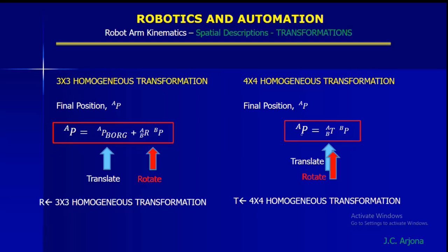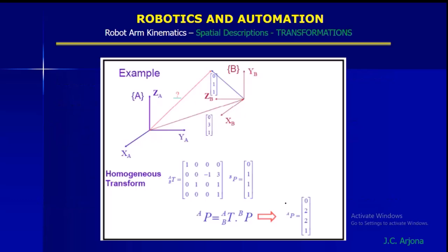This is our 4x4 homogeneous transformation. The final position can be obtained by the T, B to A, multiplied with P to B. So both occur here in the homogeneous transformation T, they translate and rotate.